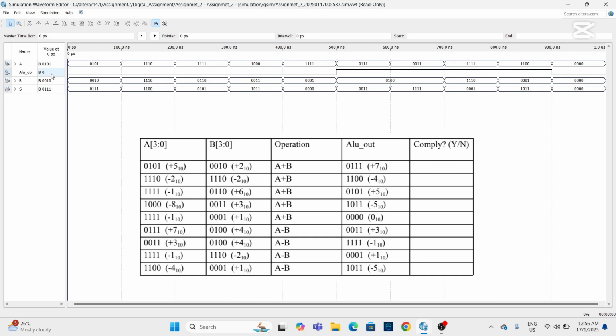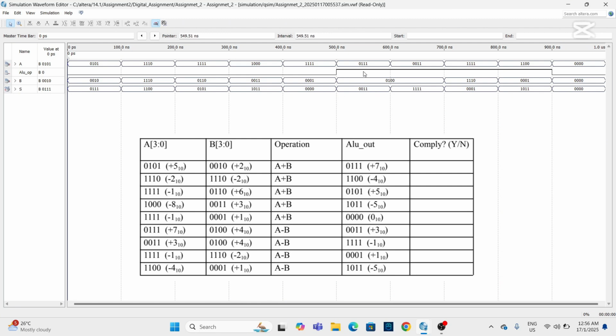So first, we will look at the ALU operation code. If the ALU operation code is 0, it means addition, and if it is 1, it means subtraction. In this simulation, we can see that if the ALU operation is 0, 0101 plus 0010 will be 0111.